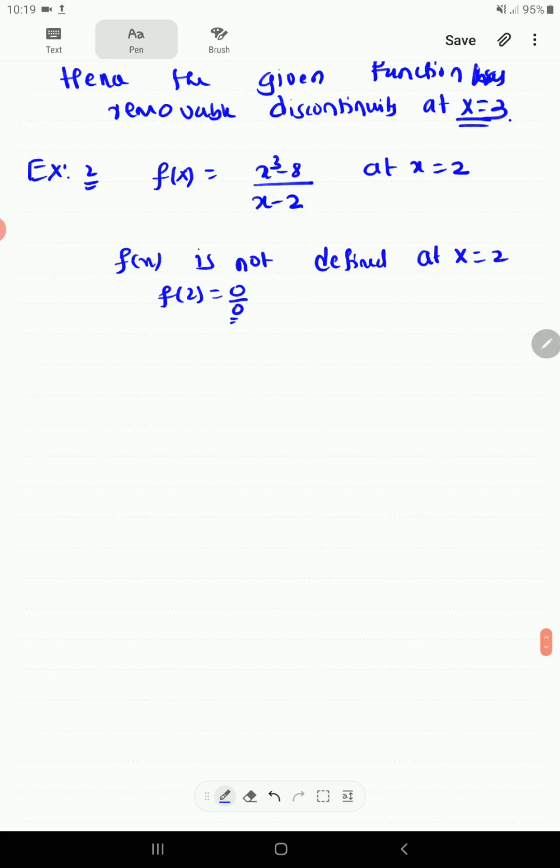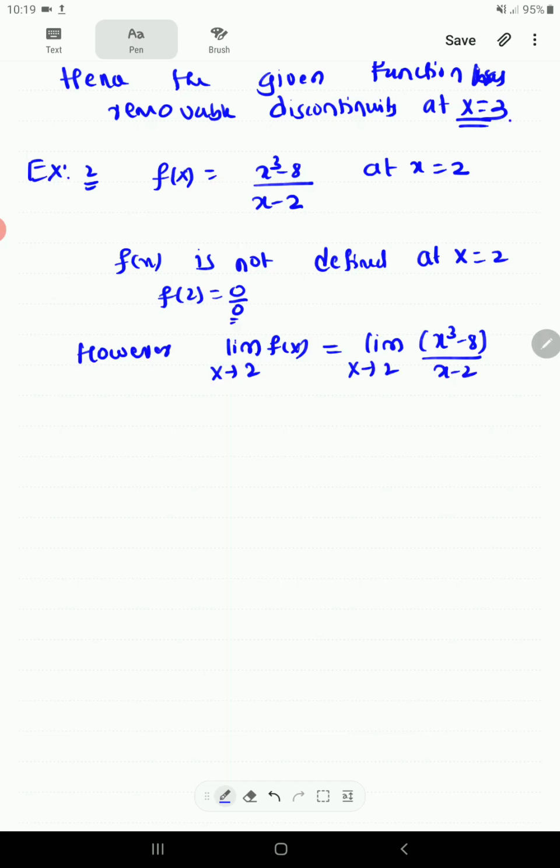Then this is not defined here, all right. However, now let us find the limit of f of x as x is tending to 2. This is equal to the limit of (x cube minus 8) upon (x minus 2) as x is tending to 2.